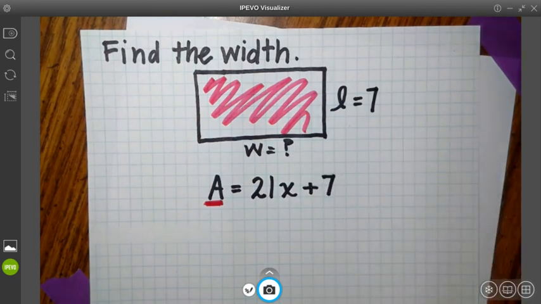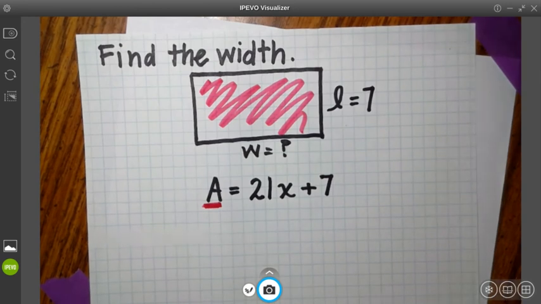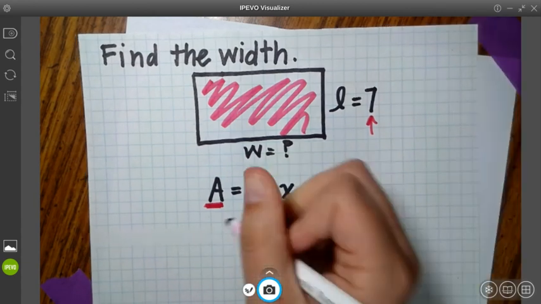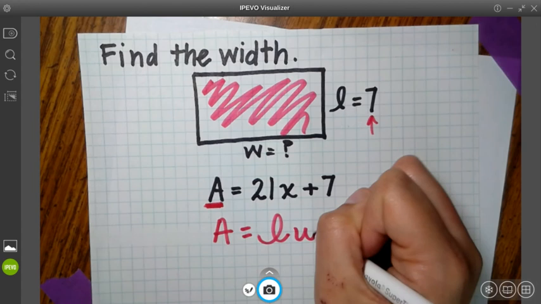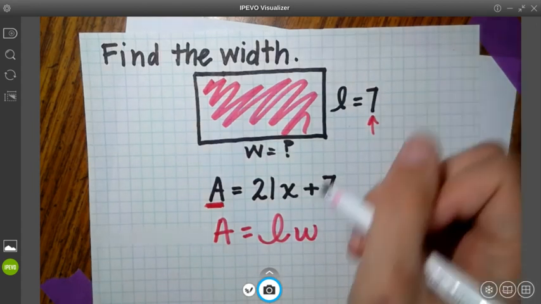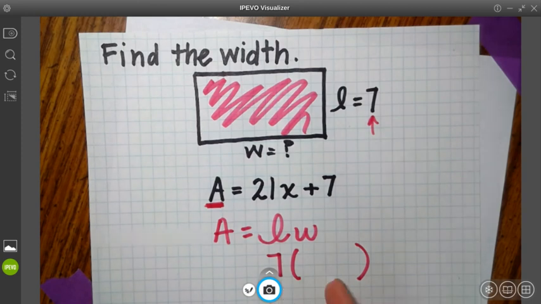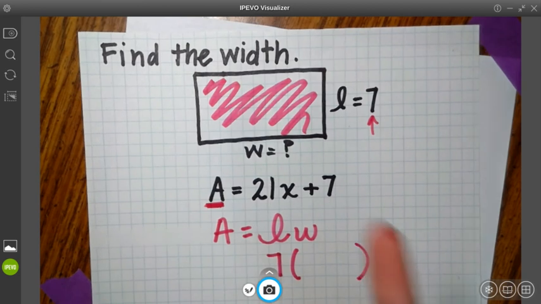So you have to think, well, I'm going to be using the distributive property. That means 7 is going to be a factor, because area equals length times width. I have the length. That's 7.